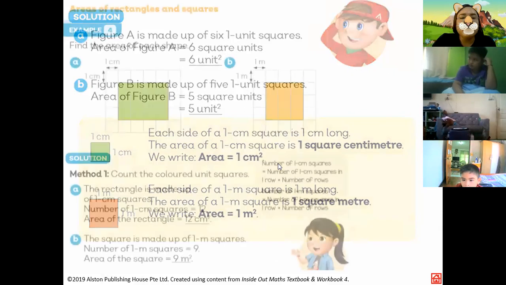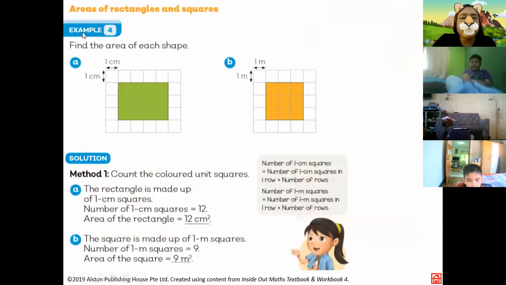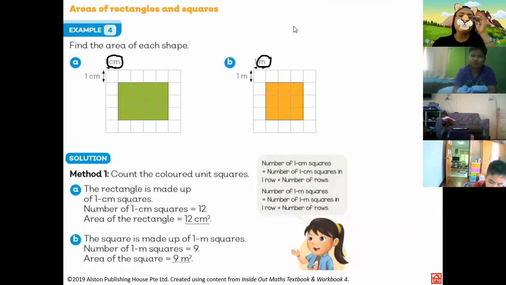All right, let's try another example. Example number 4. Find the area of each shape. For letter A, we have the unit here, centimeter. For letter B, we have meter. So we already have the unit. Here's the solution, class.